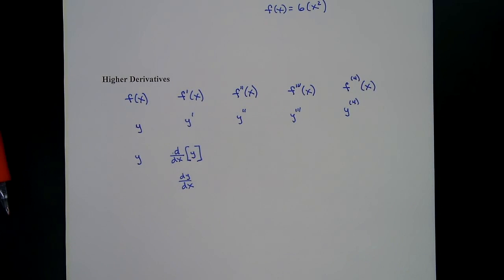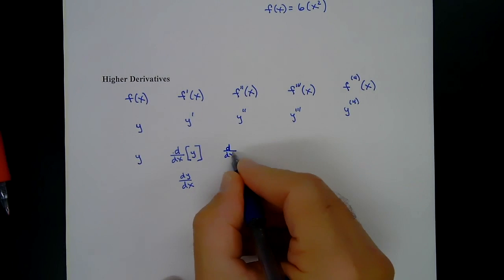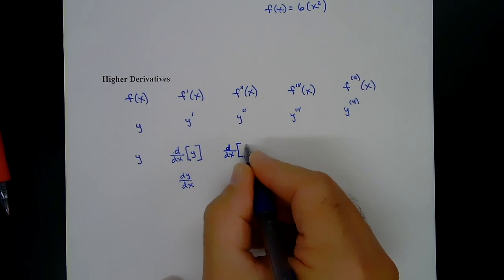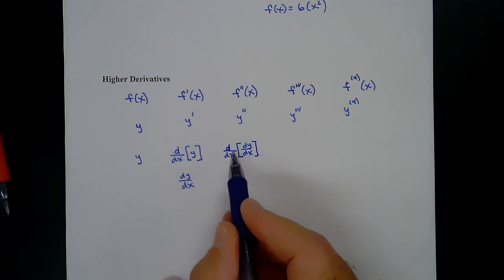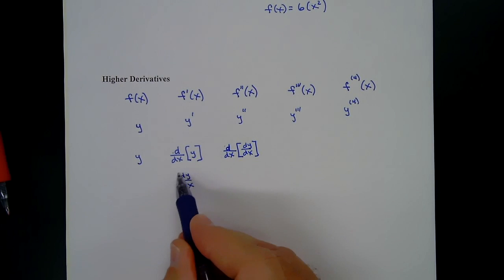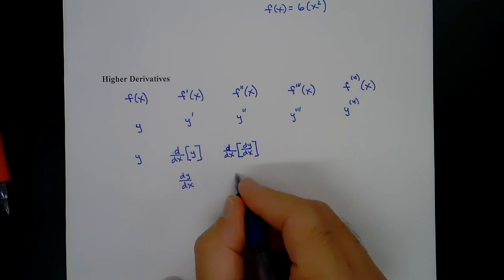You're going to understand that later on, not in this unit that we're in right now, but in unit 4. So we're going to take the derivative with respect to x of dy over dx. And so the second derivative is written like this.